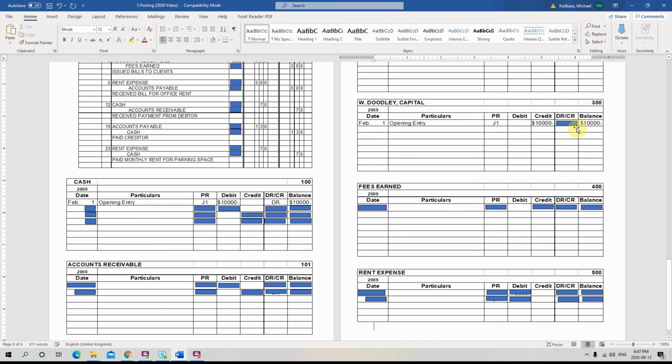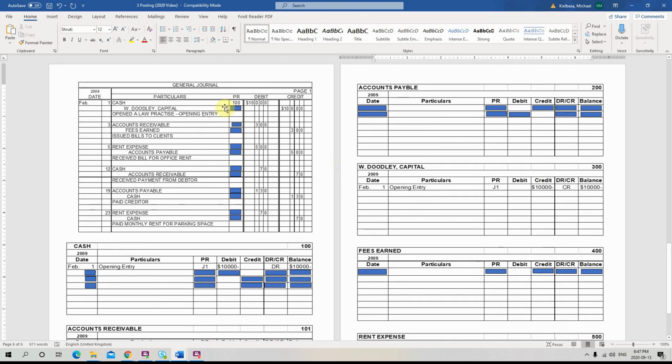So credit balance of 10,000. Remember, this DR/CR column is indicating what this is, not what this is. All right, so we go back and indicate that we posted to account number 300.